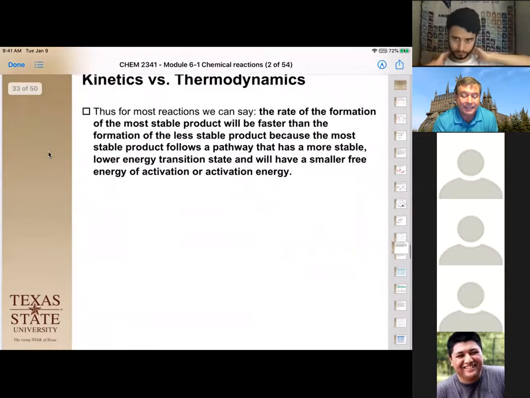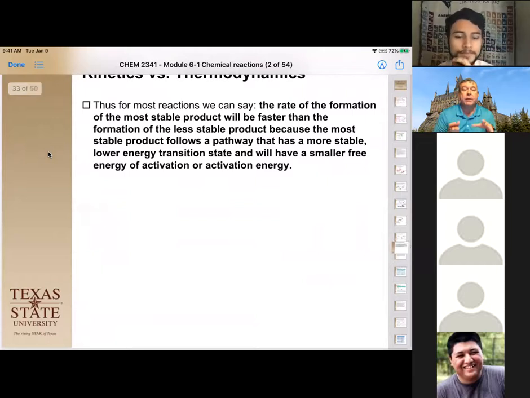So in general, the rate of formation of the most stable product will be faster than the formation of the less stable product, okay? So most of the time, what we'll see is the lower activation energy ends up giving us the lowest potential energy. However, that's not always true, but for most reactions, we can say that that's probably going to happen. Okay? And it's because it follows a pathway that gives the more stable, lower energy transition state.